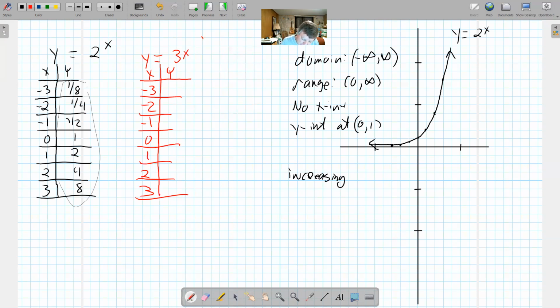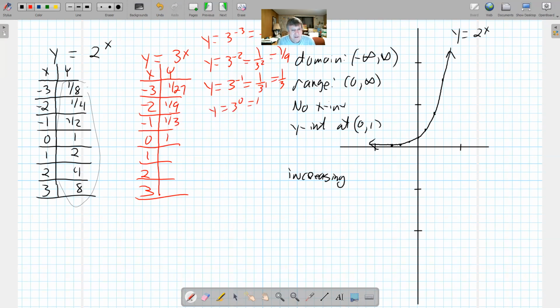So if x is -3, y equals 3 to the -3 power, which is 1 over 3 cubed, which is 1/27. If x is -2, y equals 3 to the -2 power, which is 1 over 3 squared, which is 1/9. If x is -1, y equals 3 to the -1 power, which is 1 over 3 to the 1, or 1/3. If x is 0, y equals 3 to the 0 power, which is 1.